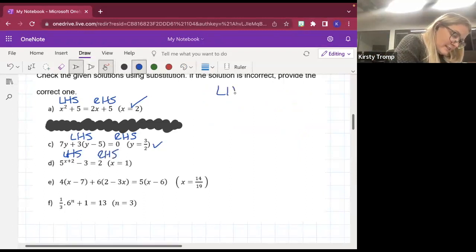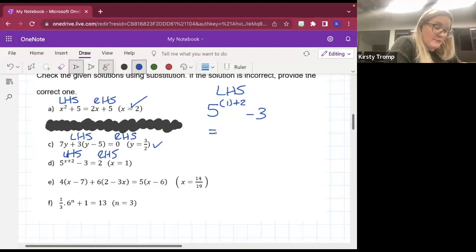On the left-hand side, I've got 5 to the power of 1 plus 2 minus 3. So on my calculator, I've got 5, 1 plus 2 gives me 3, minus 3. When I put that on the calculator, it gives me 122. On my right-hand side, I see that my answer is 2.